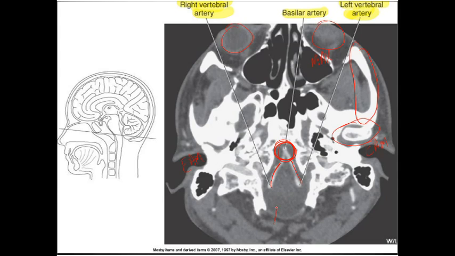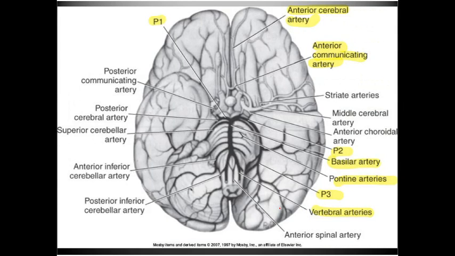And we have going into the foramen magnum. Here we can see that we have the vertebral arteries, the right and the left forming the basilar artery. And then the rest of this image kind of becomes very confusing, so I just know this lower portion here.